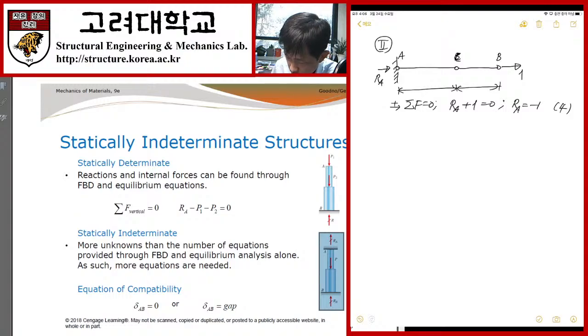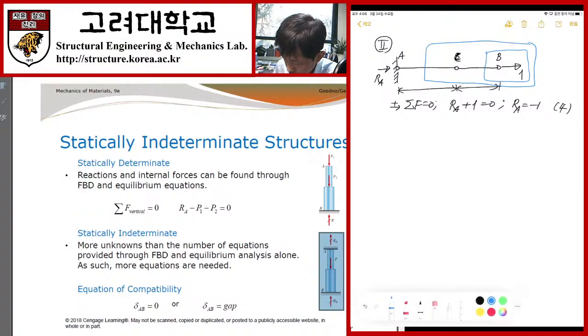Okay, and then here let's try to calculate the internal forces. So how do you calculate the internal force? If you consider the free body diagram for this part and also this part, it is really trivial to calculate the internal force, isn't it?